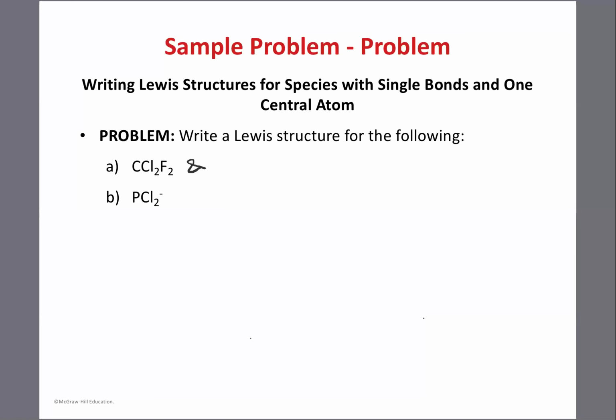CCl2F2. Now that's got 3 elements, doesn't it? Carbon, chlorine, and fluorine. Earlier in class today, I gave you a pretty hard and fast rule about carbon. Carbon always likes to be the central atom.